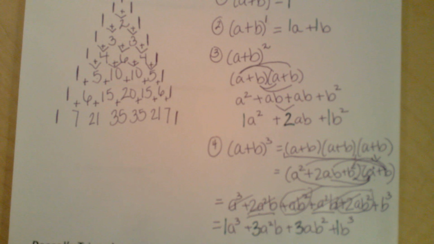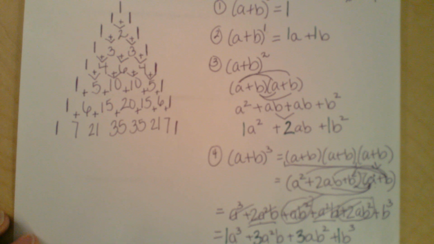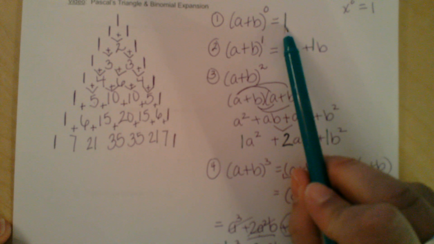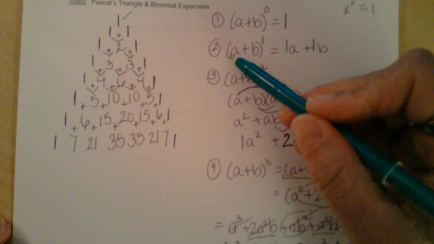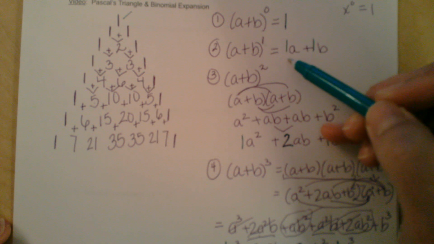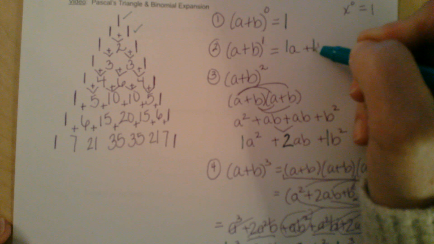And if you're saying, wait a minute, this is all coming from Pascal's triangle, you're right. a plus b to the 0 power is 1, right there. A plus b to the first power is 1a plus 1b, 1 and 1, 1 and 1.